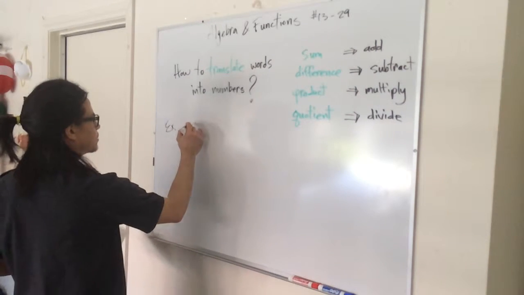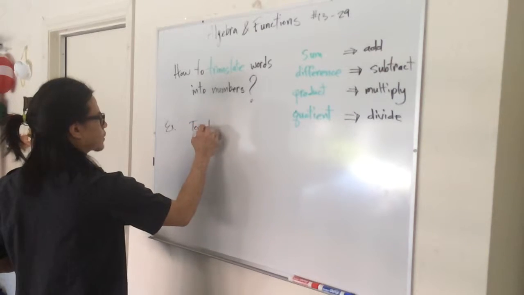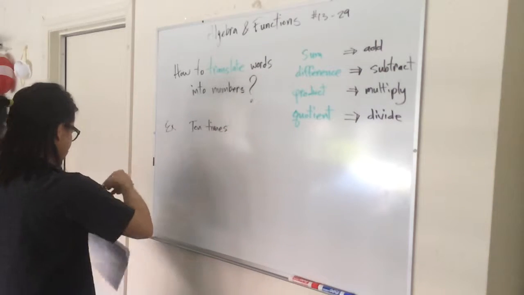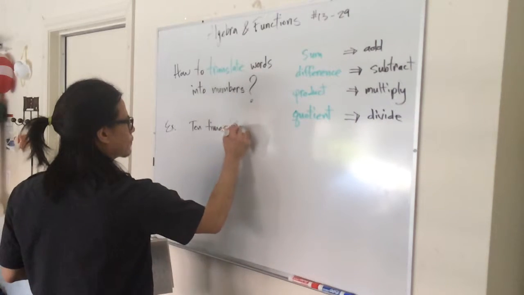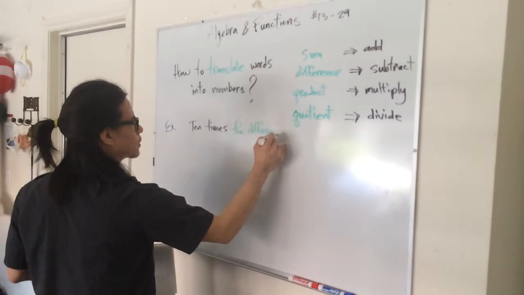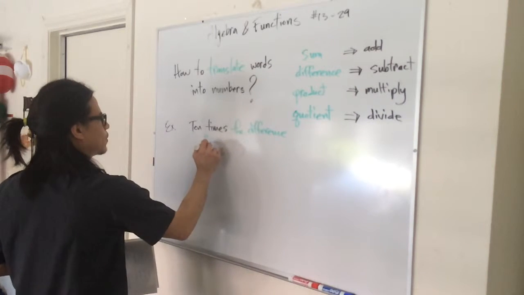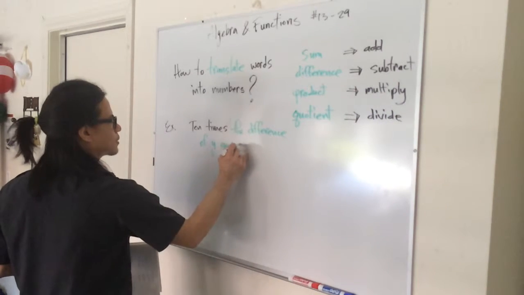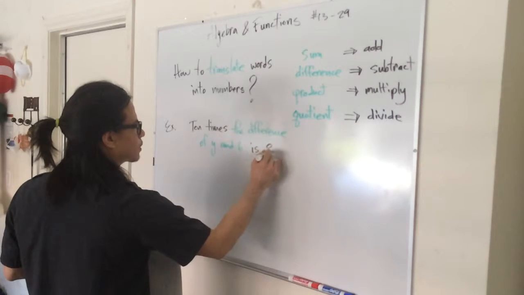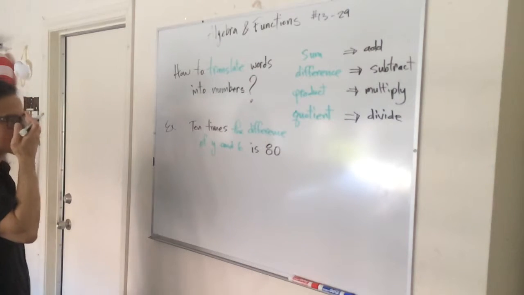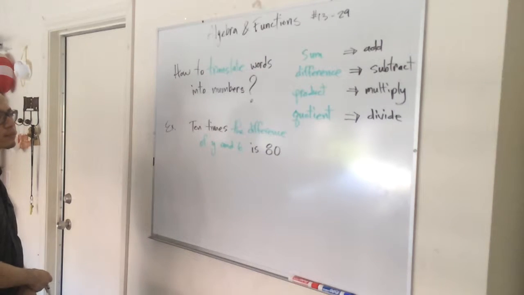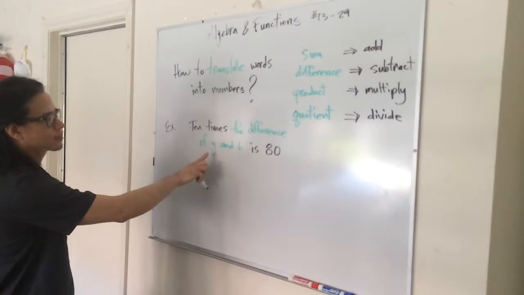Let's say 10 times the difference of y and 6, let's say it's 80. Okay, give that a try. The difference means we're going to subtract.